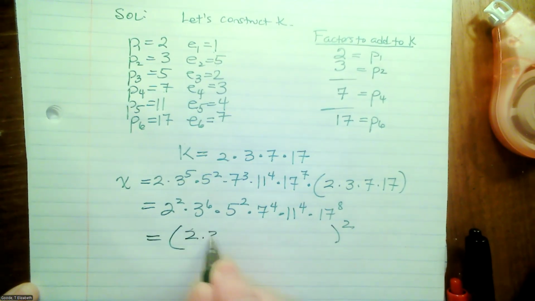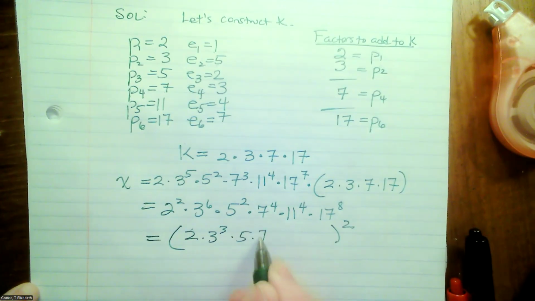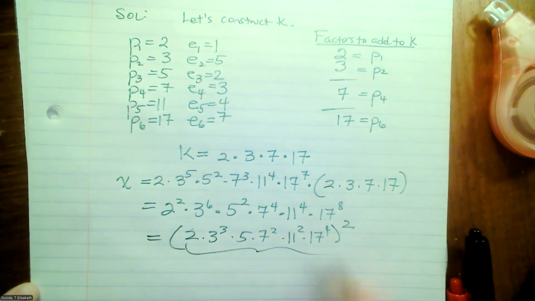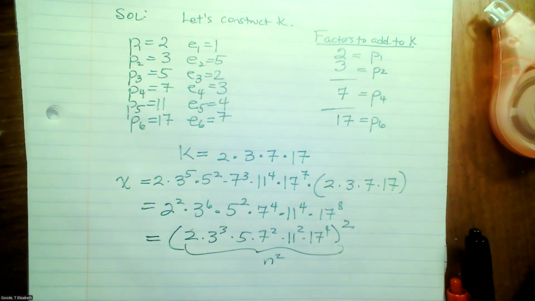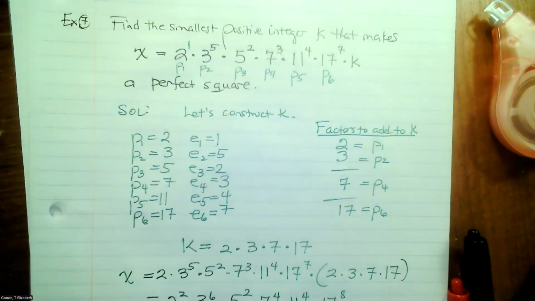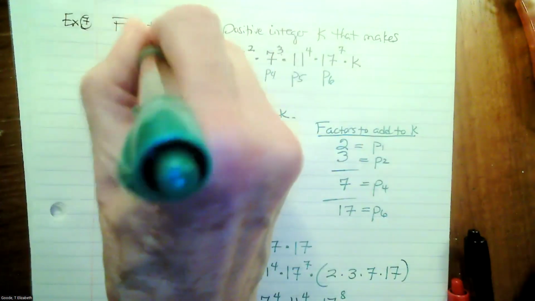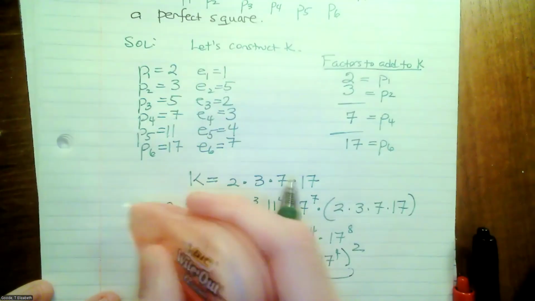That'll be 2 times 3 cubed times 5 times 7 squared times 11 squared times 17 to the 4th, squared. That's our n. It's probably nicer if I make this an n.